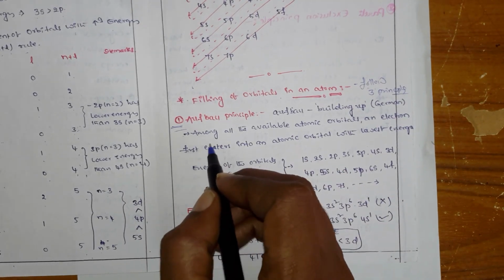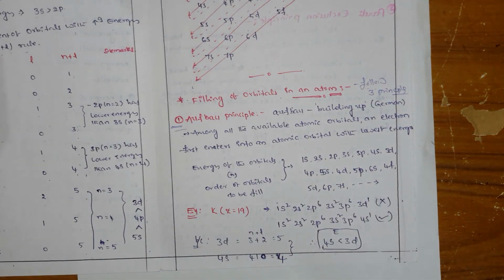But what is the principle? Among all the available atomic orbitals in an atom, suppose you take the hydrogen atom. In the hydrogen atom, how many orbitals are available? Only one orbital, that is 1s. If you take lithium, how many orbitals can be present? 1s and 2s orbitals can be present.